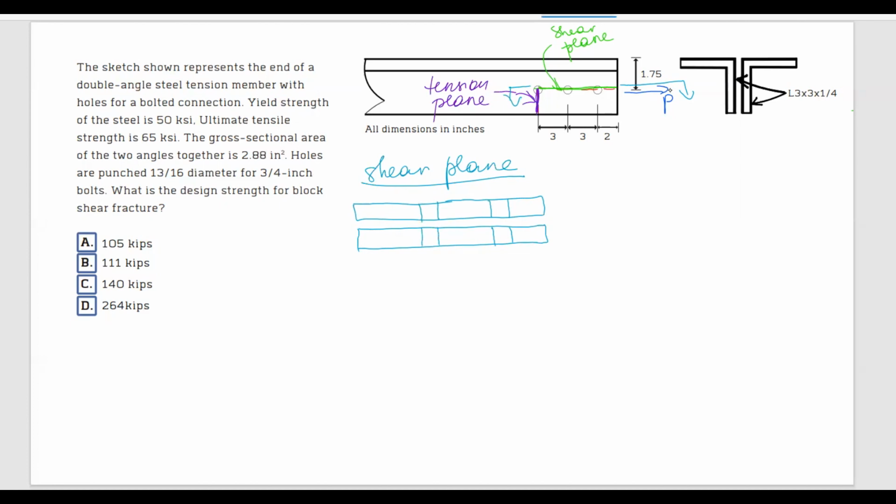And then at the end here, we have half of that hole. We know the length of this section is this length over here. It's 8 inches.